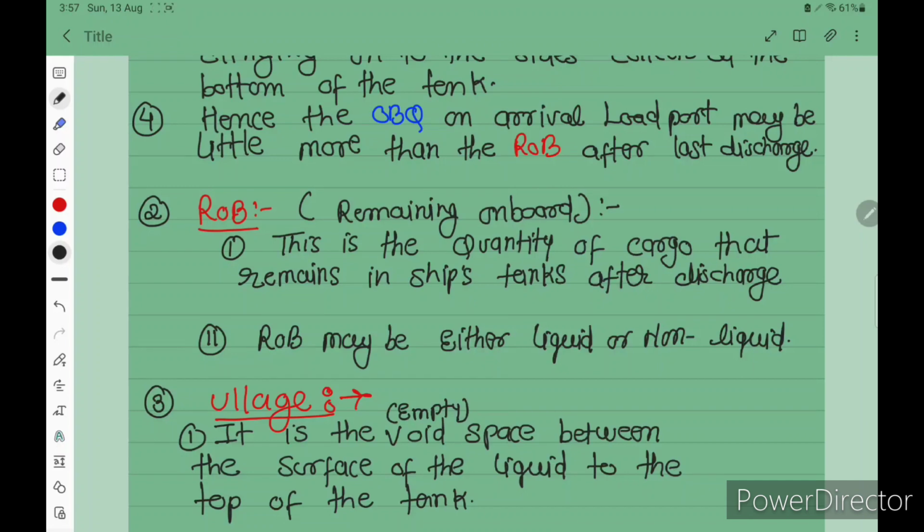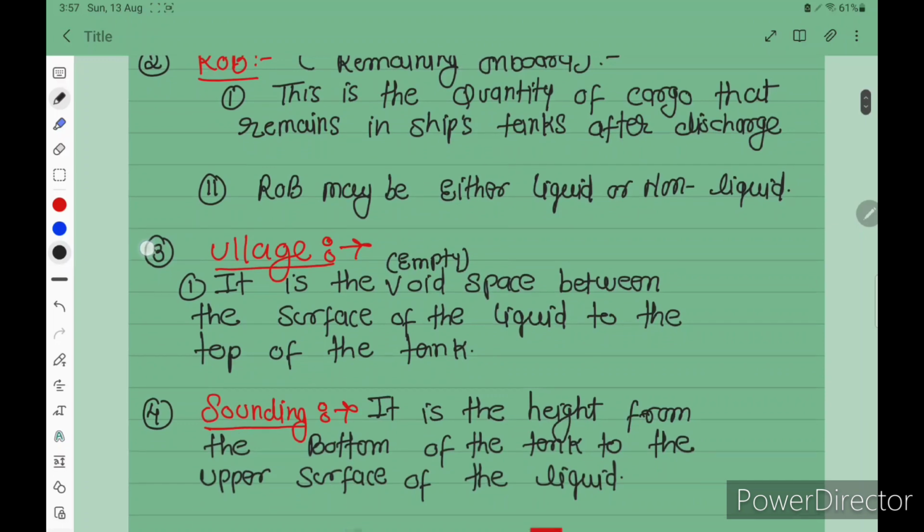So ROB is for discharge port and OBQ is for load port. ROB is remaining on board. This is the quantity of cargo that remains in the ship tanks after discharge. ROB may be either liquid or non-liquid. It might be slightly sludge because some crude oil cargo is a little thick, so maybe because of sludge deposit or something.